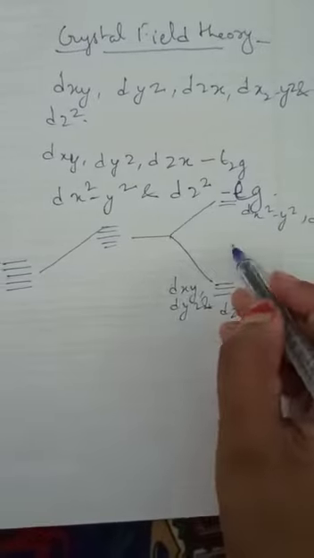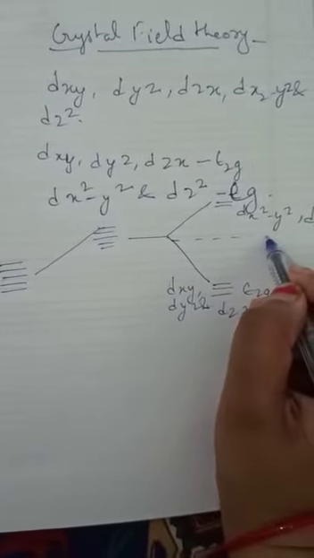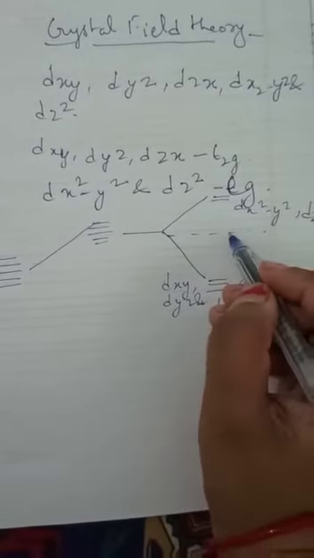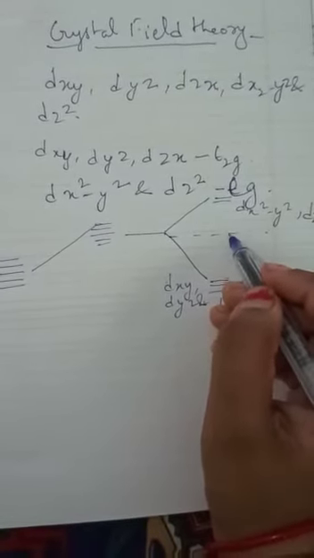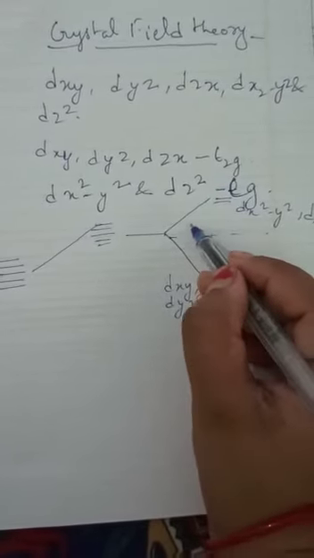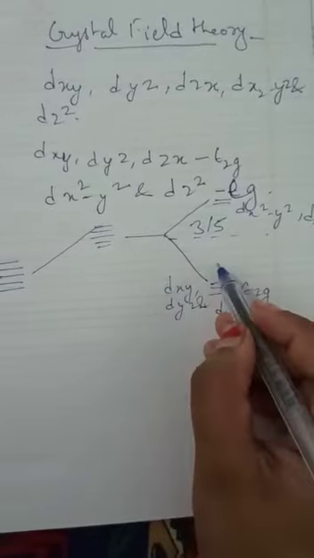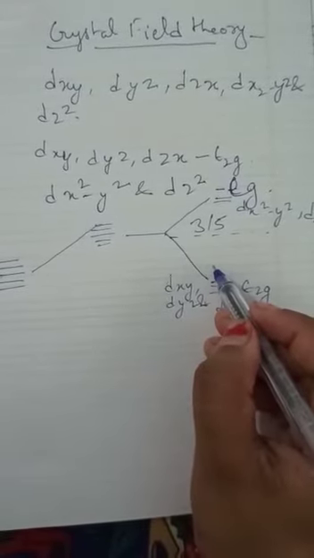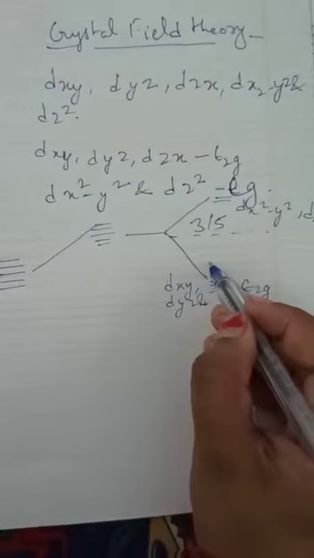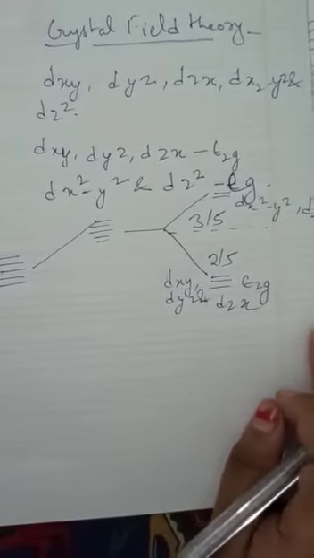Also, the energy of the 2 Eg set orbitals increases by 3/5, and the T2g set decreases by 2/5 in terms of energy.